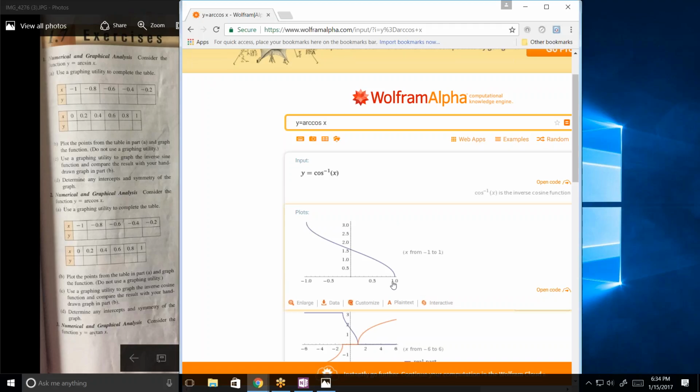Okay, so let's go through these again. Starting at -1. What is the inverse cosine of -1? 3.14. We know it's pi.